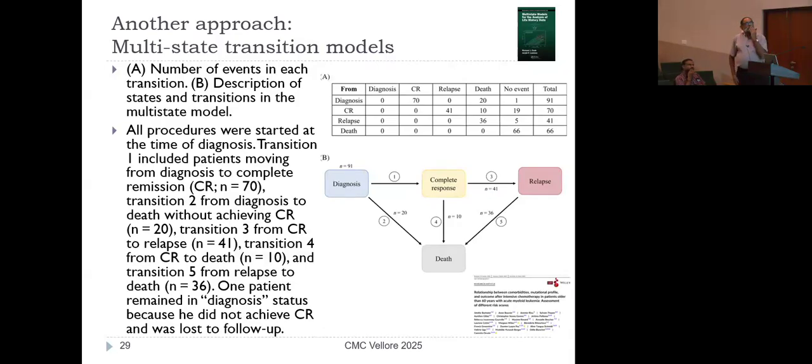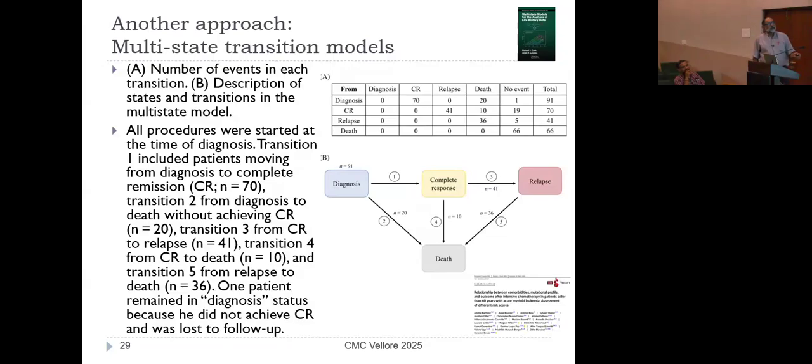And here's an example. There's a book on this, but suppose you have 4 states: diagnosis, complete response, relapse, or death. What you have here in diagram A is what we call the transition matrix.